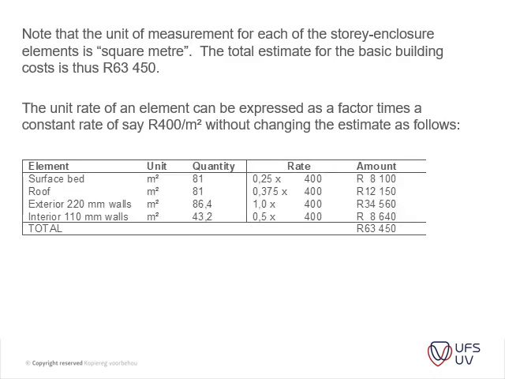So the 400 that they got was basically taking a factor. If the exterior walls have a factor of 1 and its given rate was 400, then one can calculate what the factors should be for the other elements to actually get to the rates that we need.